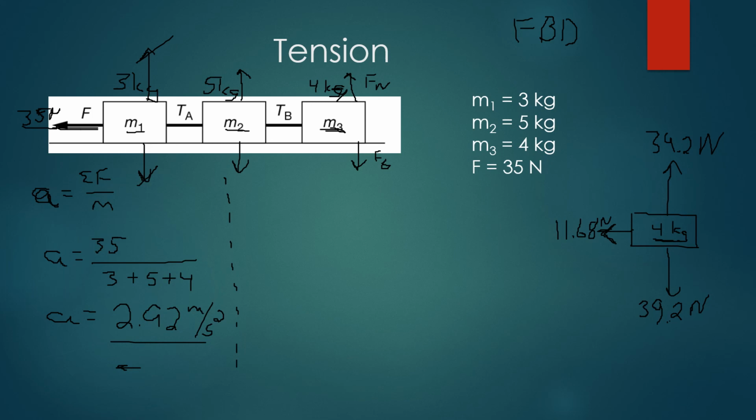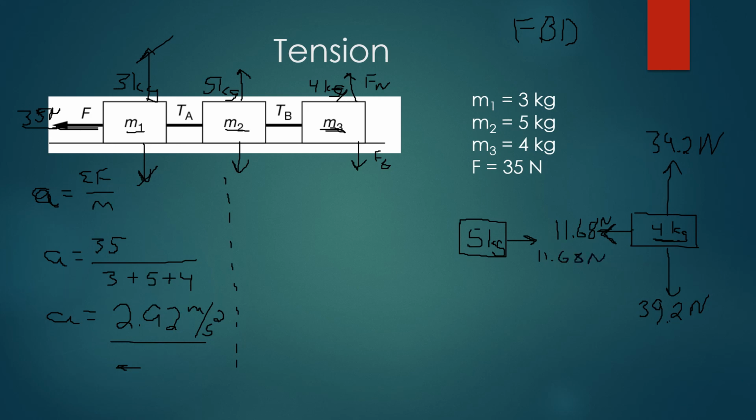So that means that this tension is really TB. It's pulling left 11.68, but let's think about it in terms of the whole system. What we have here is a 5 kilogram mass. If that rope is pulling left 11.68 on the 4 kilogram box, it must also be pulling right 11.68 on the 5 kilogram box.